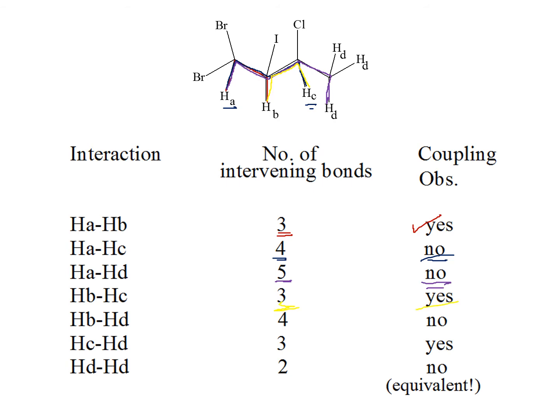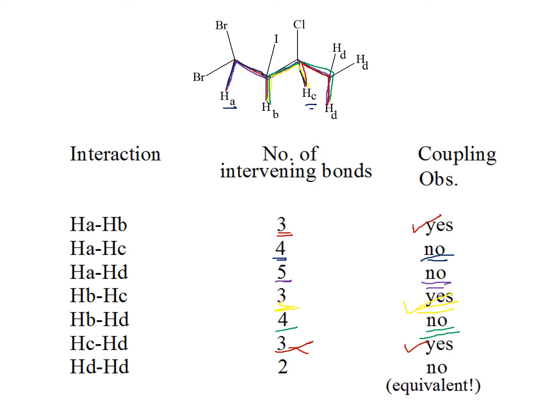Yes, we are expecting coupling. B and D, 1, 2, 3, 4. No coupling. C and D, 1, 2, 3. Yeah, we are expecting coupling.